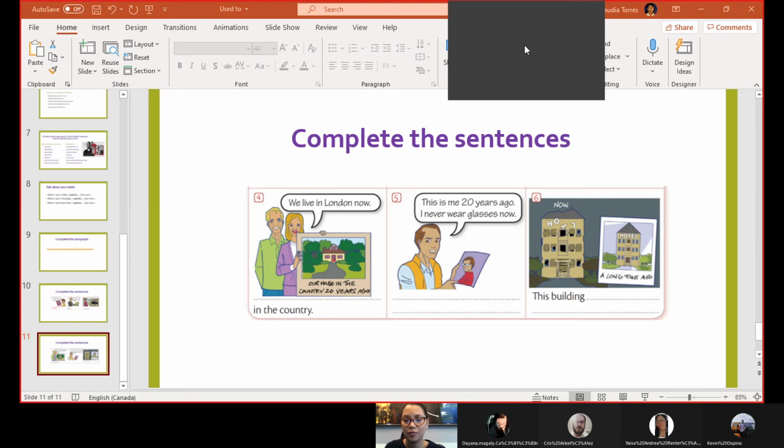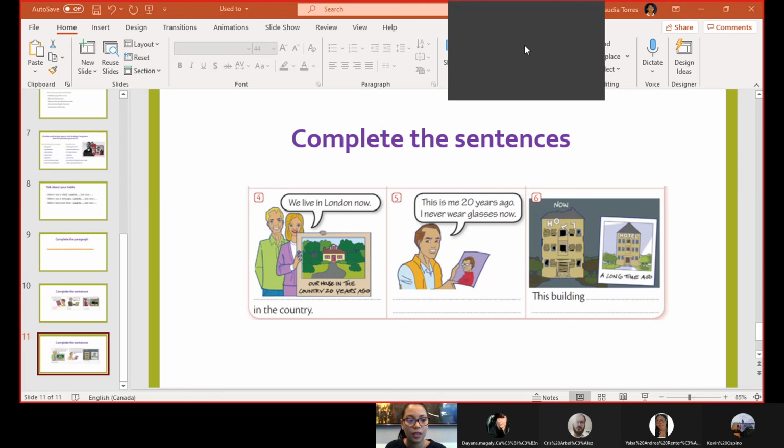I'm going to give you an example. Let's say that I bring two pictures of a famous person like Shakira, right? I take a picture of Shakira when she was younger and a picture of Shakira now, and I would make sentences.